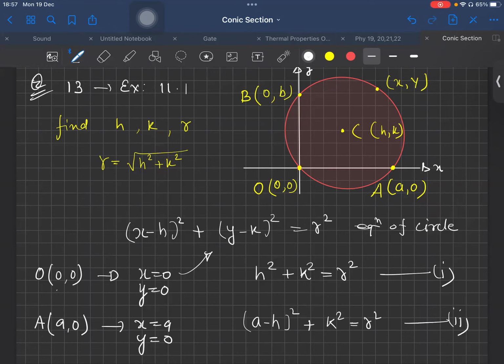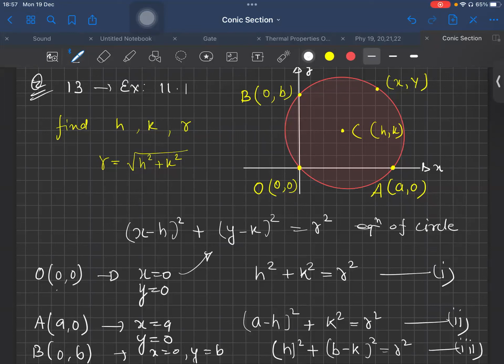Equation number 2, right? It is also passing through point B, which is (0, B). That means x is equal to 0 and y is equal to B. So it will become h square plus (B minus k) whole square is equal to r square.